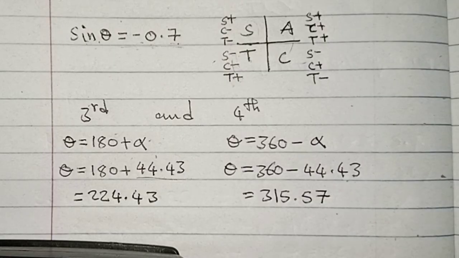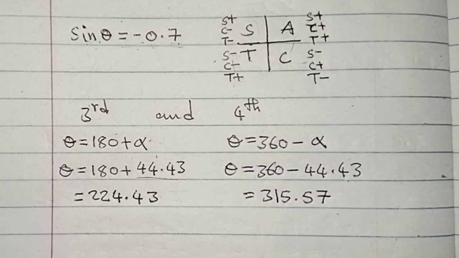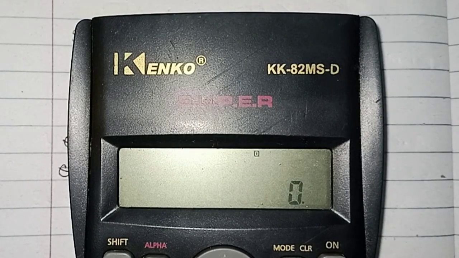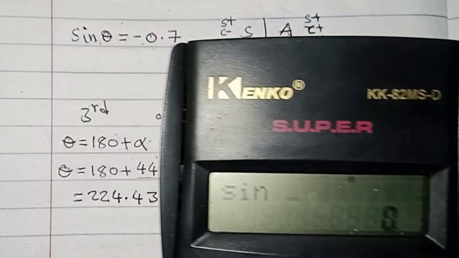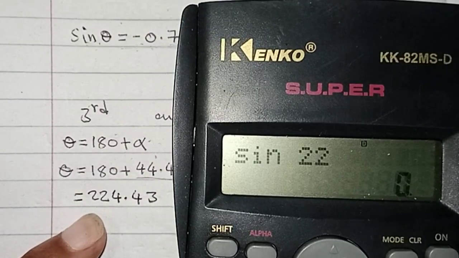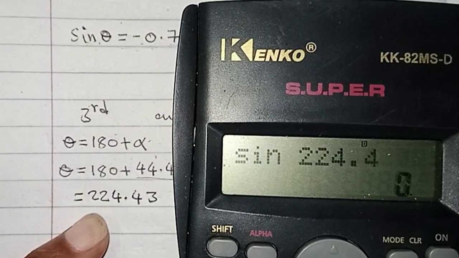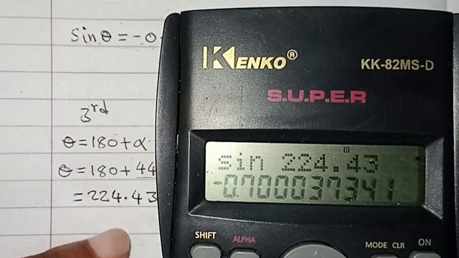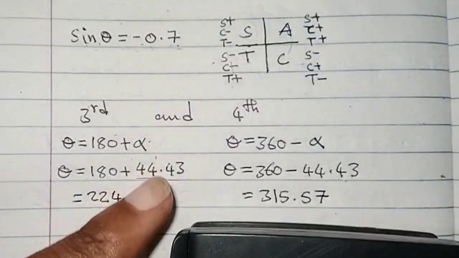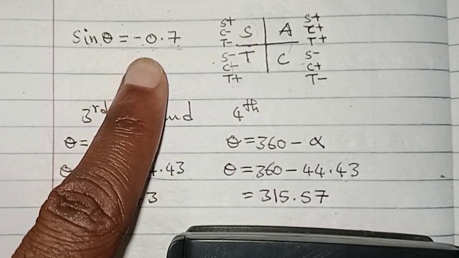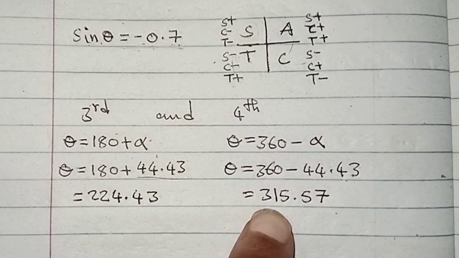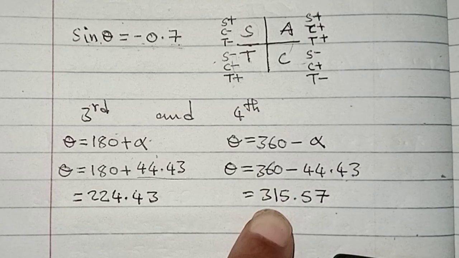Let us verify that these answers are correct. We just go direct on sine without shifting. This is verification. So sine, we start with this one, 224.43. We are getting negative 0.7, which is returning us back to the original expression, negative 0.7. Now let's check this one. Is it going to give us negative 0.7?